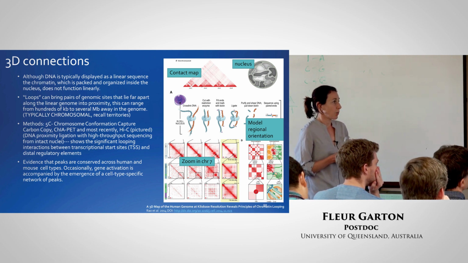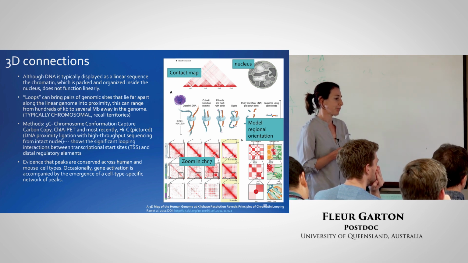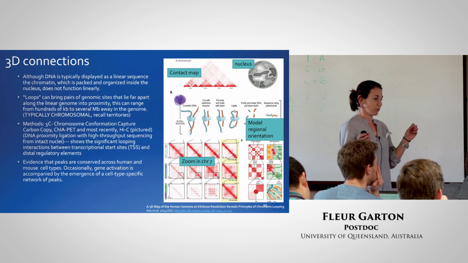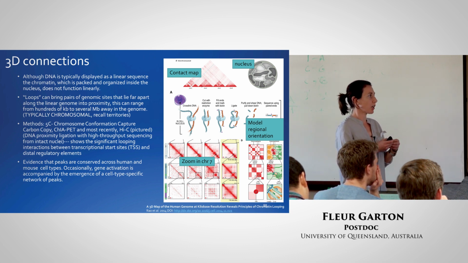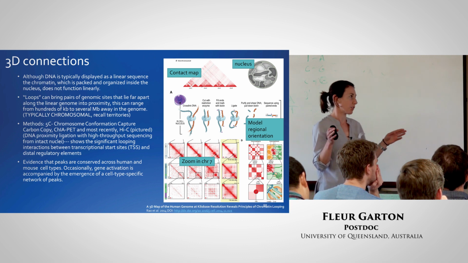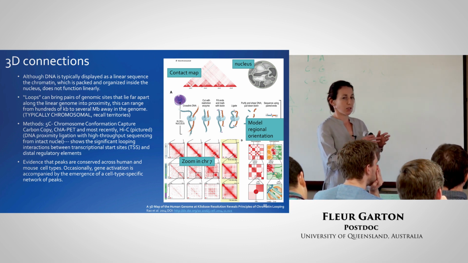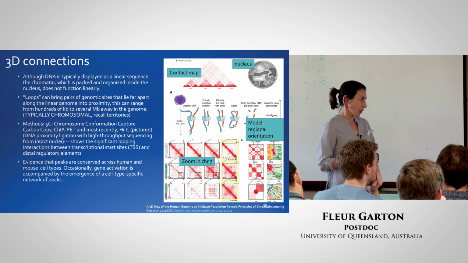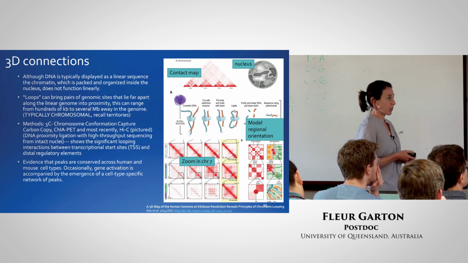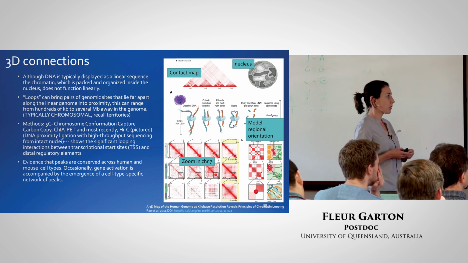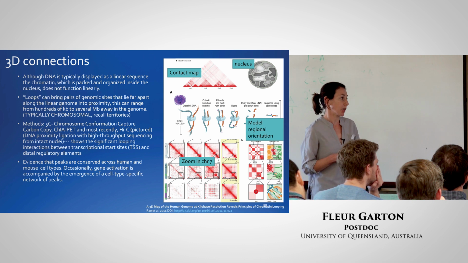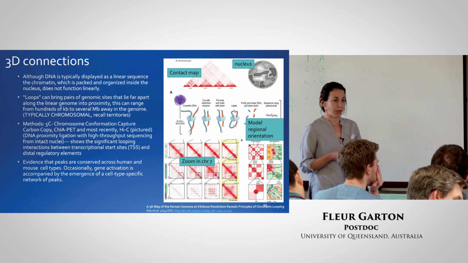And often this means that rather than genes being next to each other from a linear perspective, they're hundreds to even several megabases away in the genome. And there's evidence to say that these peaks are conserved across both human and mouse cells. And occasionally gene activation is accompanied by an emergence of a cell type specific network of these peaks.